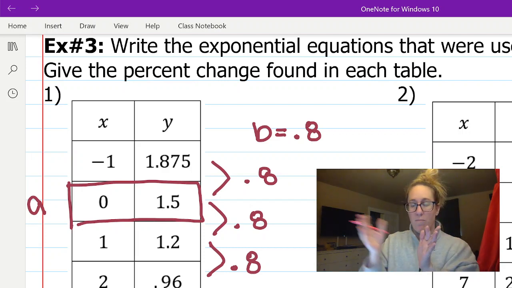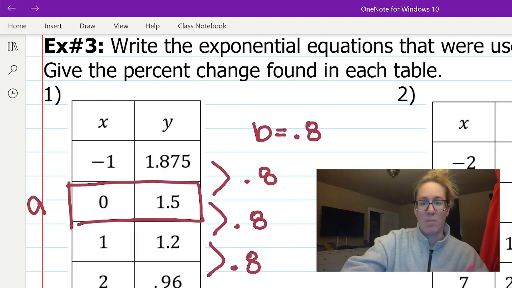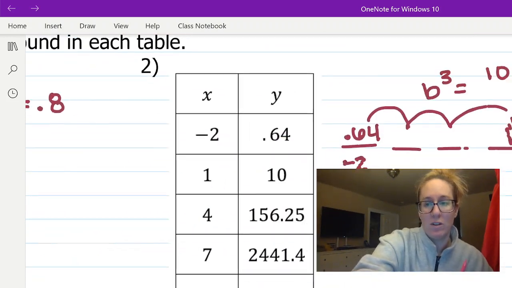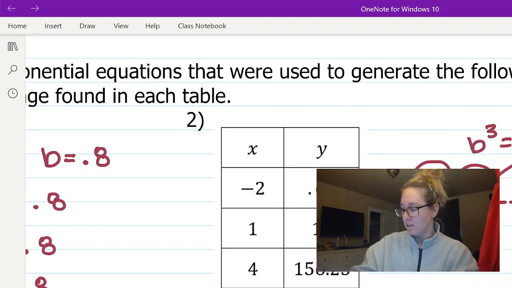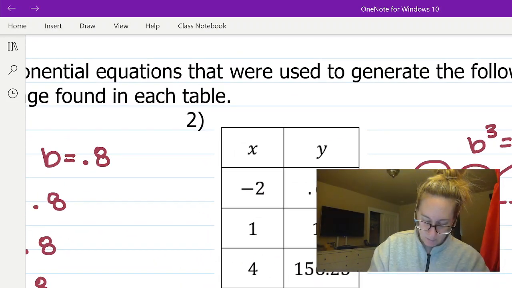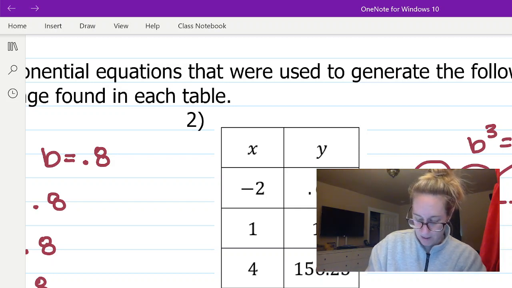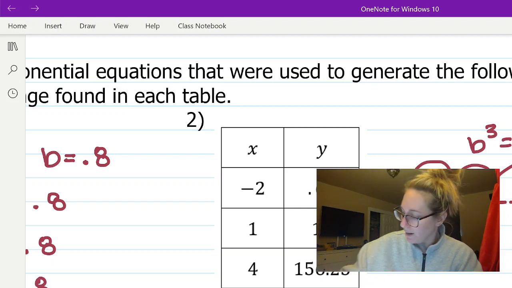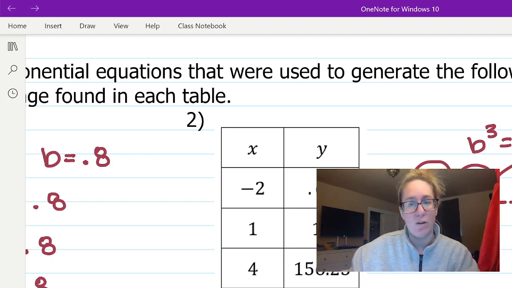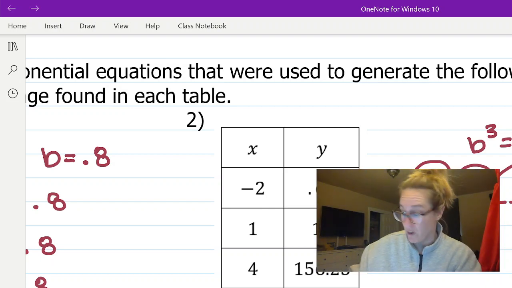So b cubed is whatever 10 divided by 0.64 is. Well, what is that? 10 over 0.64 is 125 over 8. So we have b cubed equaling 125 over 8.